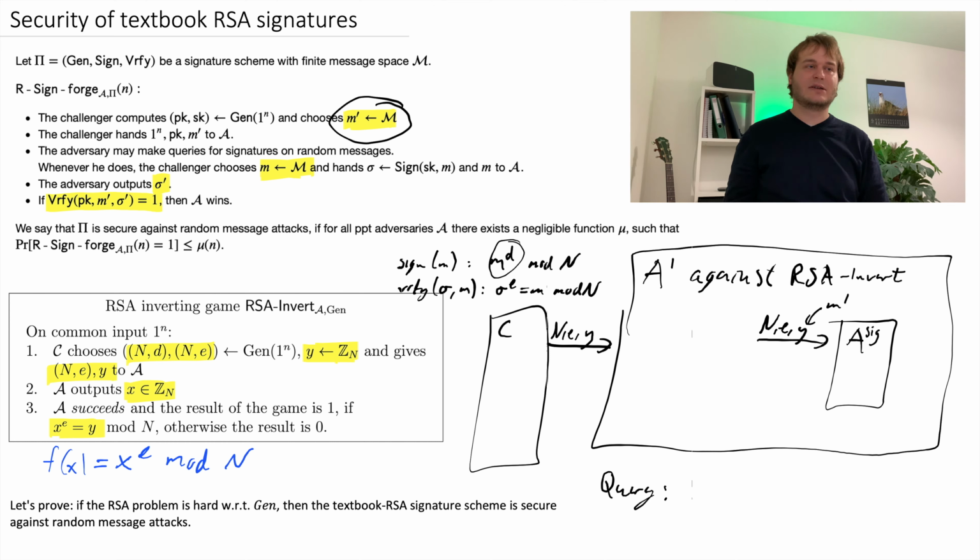The signature adversary A can query for signatures on random messages. So what we need to give him now are random messages together with their signatures. How can we do this? How can we come up with a random pair m, sigma, a random message with a signature on it?